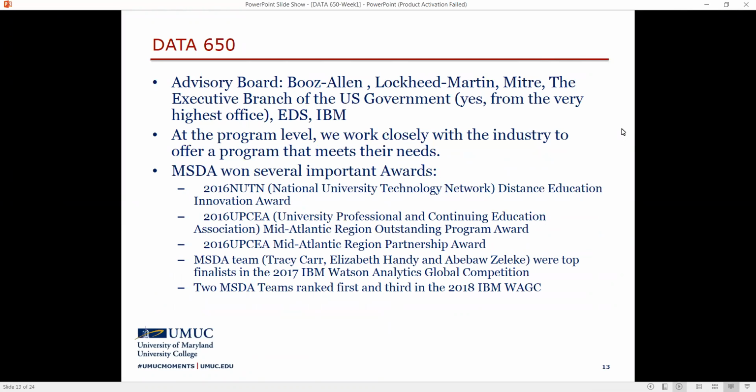And when we talk about competence-based, I want to mention that everything designed, not only in this course but in the whole program, is also based on an advisory board. We have industry members like Booz Allen, Lockheed Martin, the US government, and IBM. So most of the skills we are trying to teach you are what industry requires today. Industry today requires that a data scientist or data analyst can easily pick up a new tool.